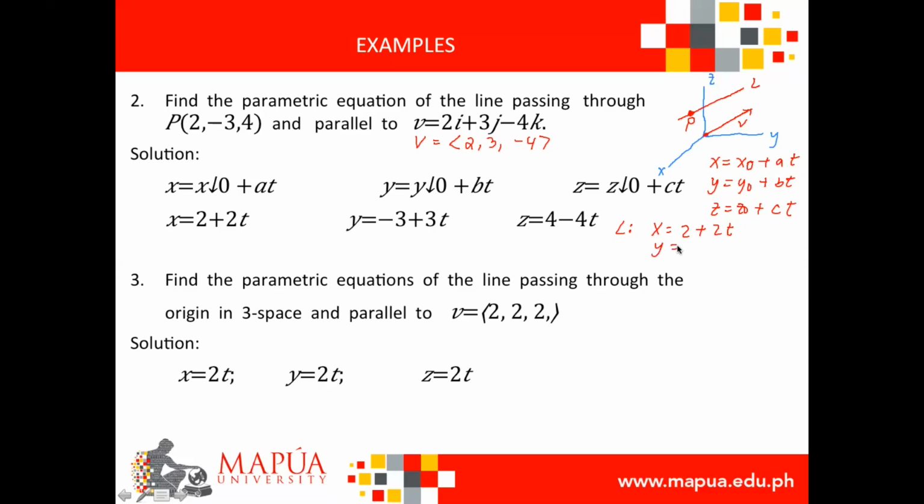Then for y, y sub 0 is -3, plus b, which is 3, times t. Lastly, z = z sub 0, which is 4, and c is -4, so that will be 4 - 4t. So this is the parametric equation of your line L for problem number 2.